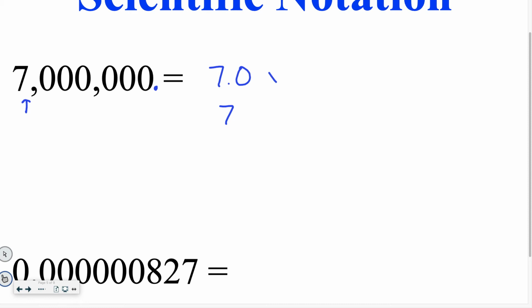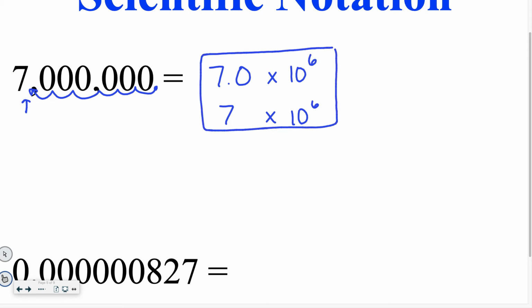Both ways are fine. Times 10 to the, and I need to figure out how many positions did I move that decimal point. 1, 2, 3, 4, 5, 6. So it'd be 10 to the 6th power. So both of those are acceptable ways to write the scientific notation.